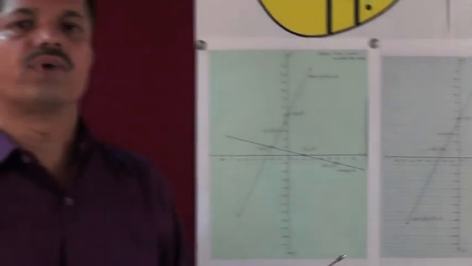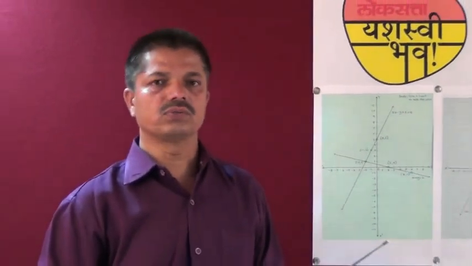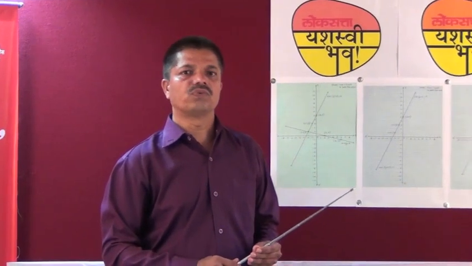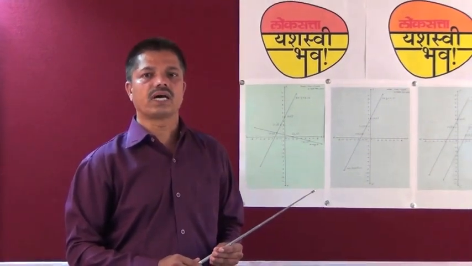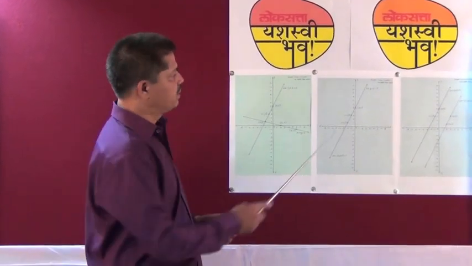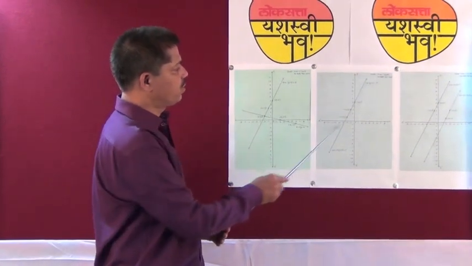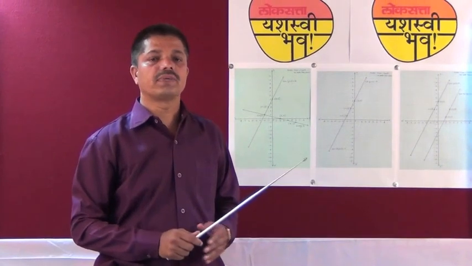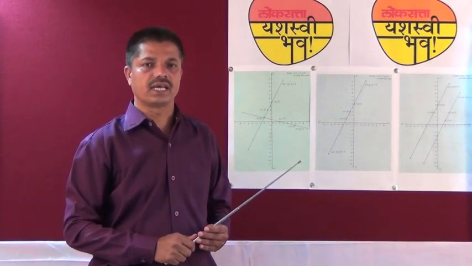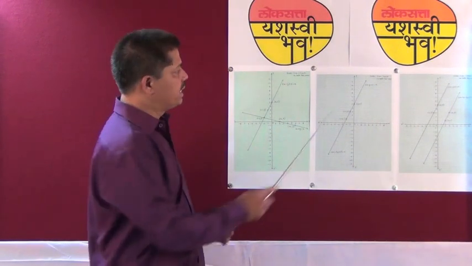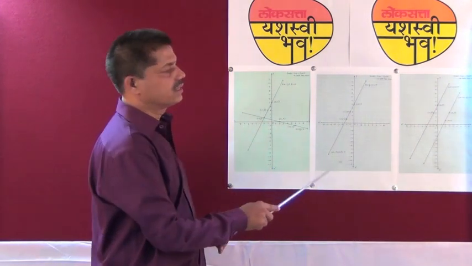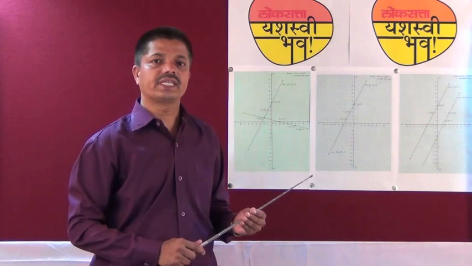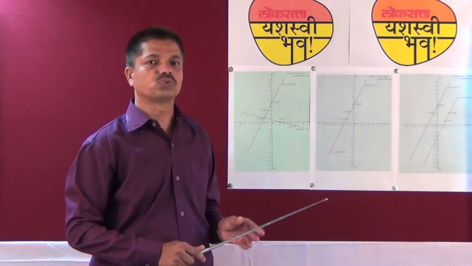If you look at the values of a1 upon a2, b1 upon b2 and c1 upon c2, you will find that these values are the same, and the graphical representation of these two lines shows that they are overlapping lines or coincident lines. Therefore, each and every point on this line is intersecting with the other line, and each and every point on this line is a solution.